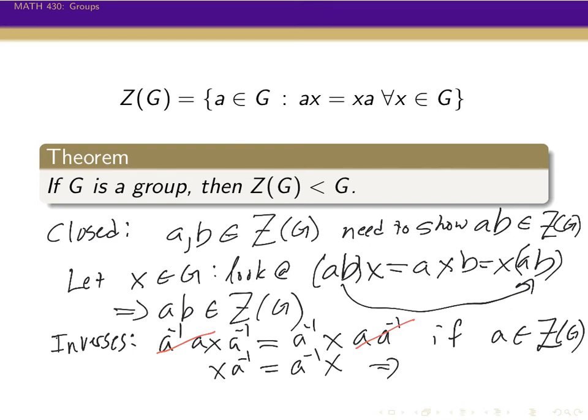And so this tells us that A inverse is inside the center. Right? So if A is something in the center, x can be anything in the group, then using this trick, this shows that A inverse is also going to commute with x. And so since x is anything in the group, we're done.